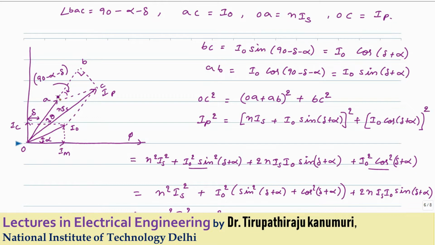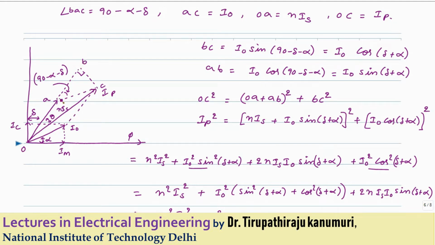Now I am extending OA and drawing a perpendicular line from here such that it will intersect at Ip, so triangle ABC forms a right angle triangle. Now I can calculate the value of AB.